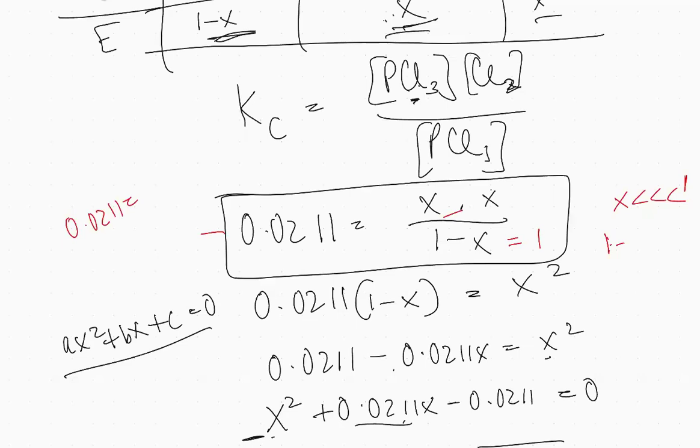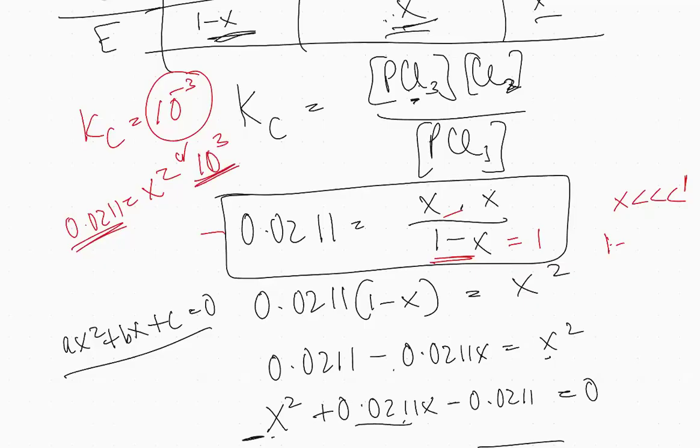Sometimes people use that scenario, but there are conditions when you can use it. When the Kc value is less than 10 to the negative 3 or higher than 10 to the power 3, in these scenarios we can just say 1 minus x is 1, and you can ignore the minus x, which means the initial concentration is so much larger than the tiny amount that gets dissociated.